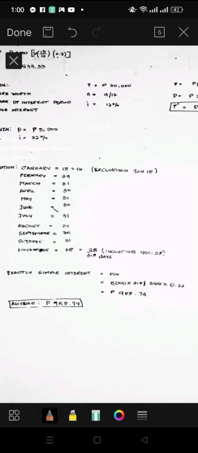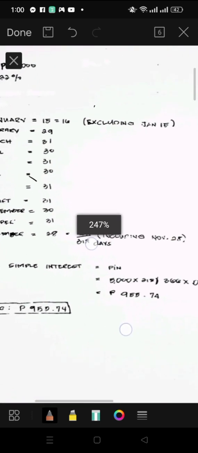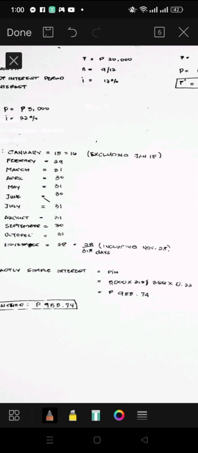I is equal to P times i times 318 over 366, that is 5,000 multiplied by 0.22 multiplied by 318 over 366, which is equal to 955.74.